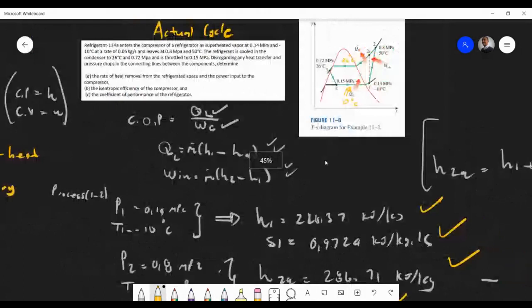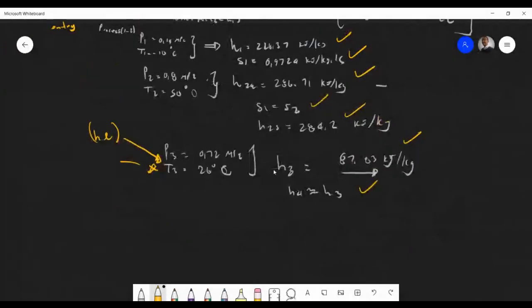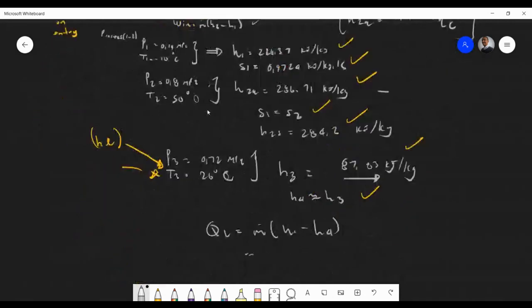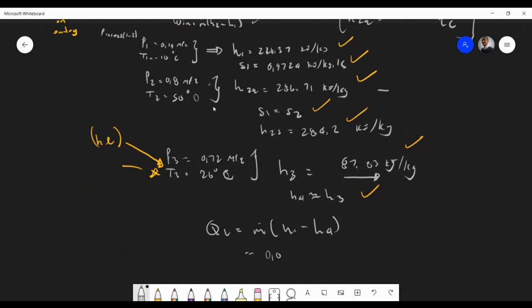They gave us our mass flow rate, fortunately. Sometimes you have to work that out. Your mass flow rate is 0.05, H1 was 246.37 and H4 is 87.983.